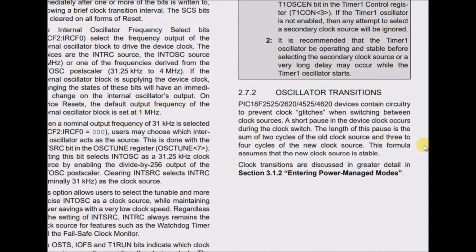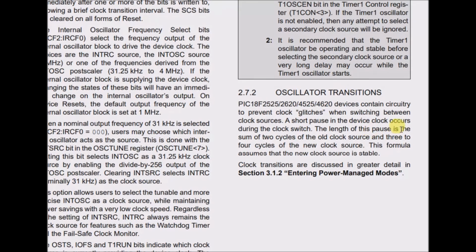Oscillator transitions. PIC18F4525 devices contain circuitry to prevent clock glitches when switching between clock sources. A short pause in the device clock occurs during the clock switch.